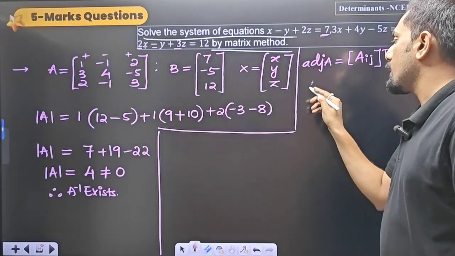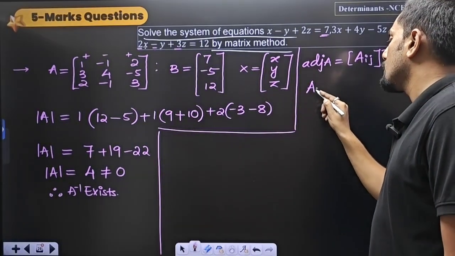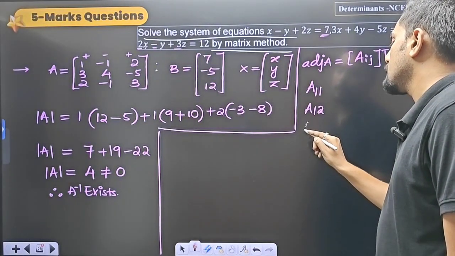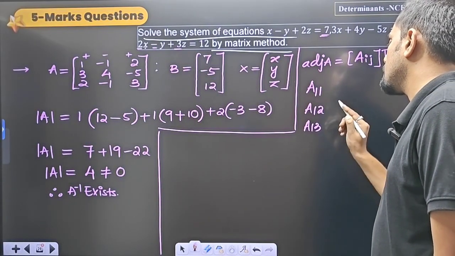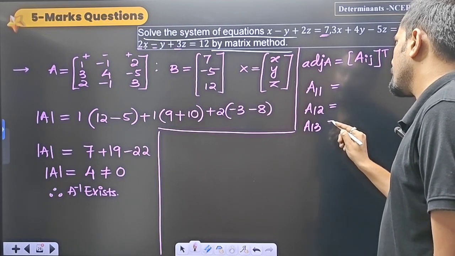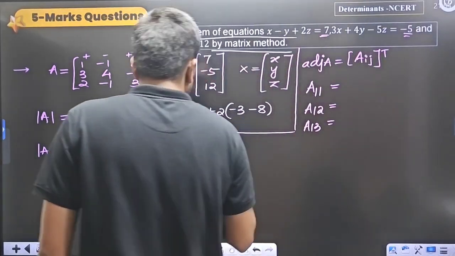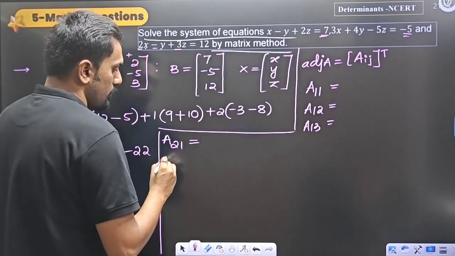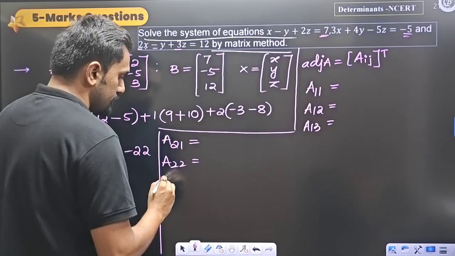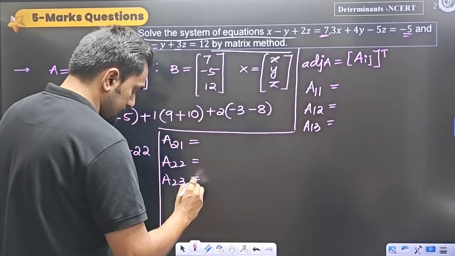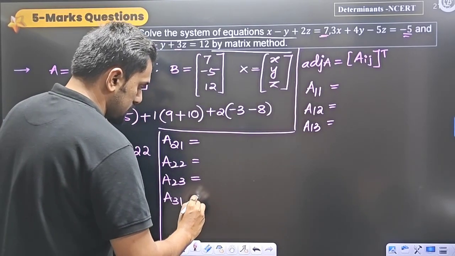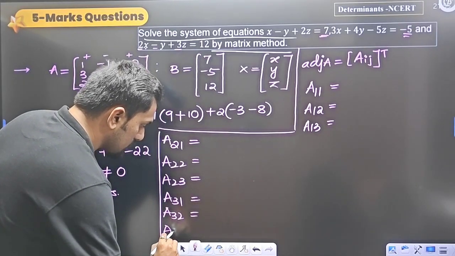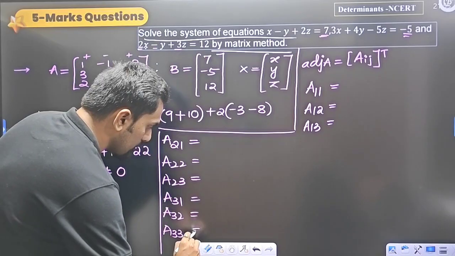So for that I need to find the cofactor of first row first column, cofactor of first row second column element, cofactor of first row third column element. Okay. Then cofactor of second row first column element, cofactor of second row second column, cofactor of second row third column, cofactor of third row first column, cofactor of third row second column, cofactor of third row third column.